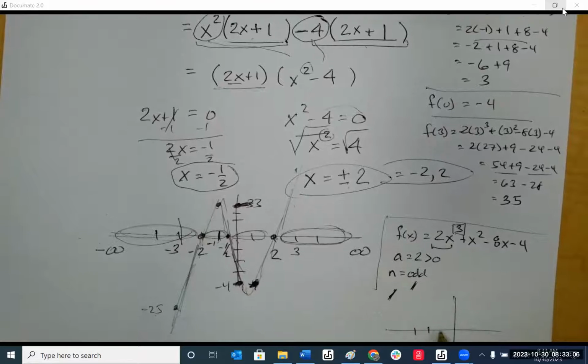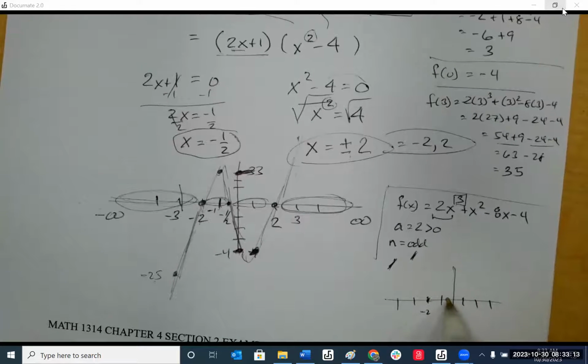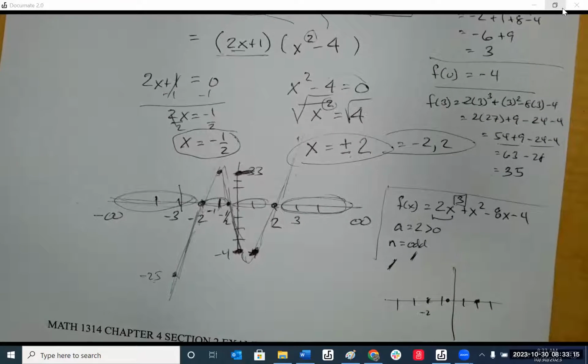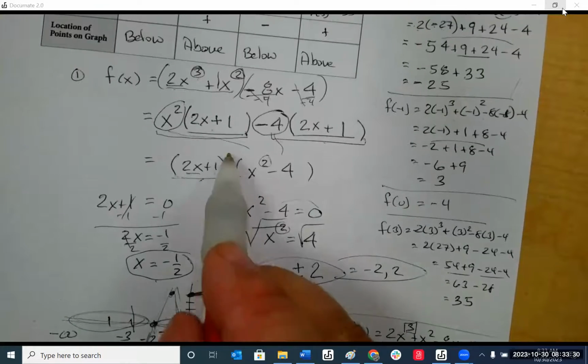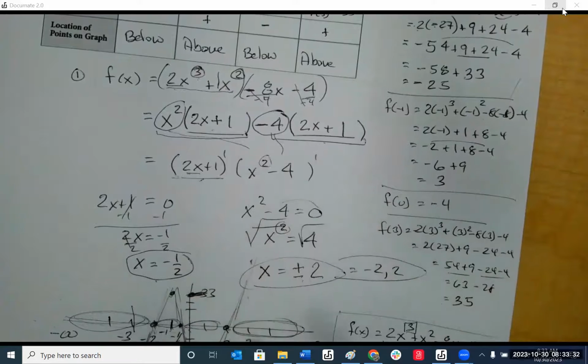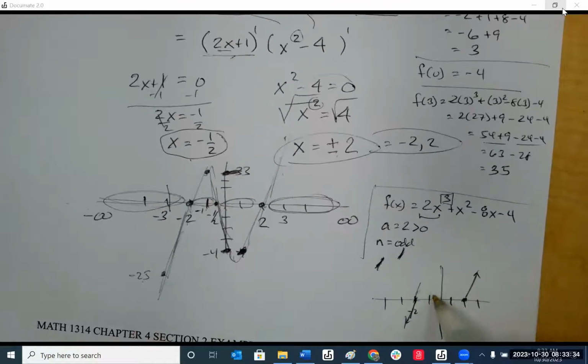The x-intercepts are at -2, -1/2, and +2. We have to work that out. So we know the end behavior is on the left side, it goes down, and the right side, it goes up. The multiplicities are both odd, so they cross. This one crosses, this one crosses, this one crosses.